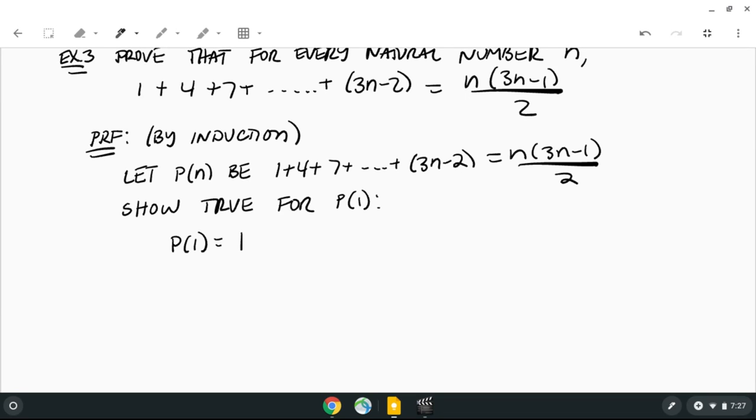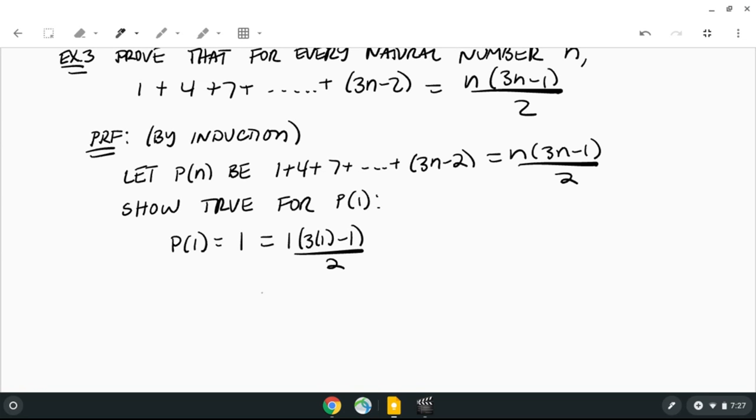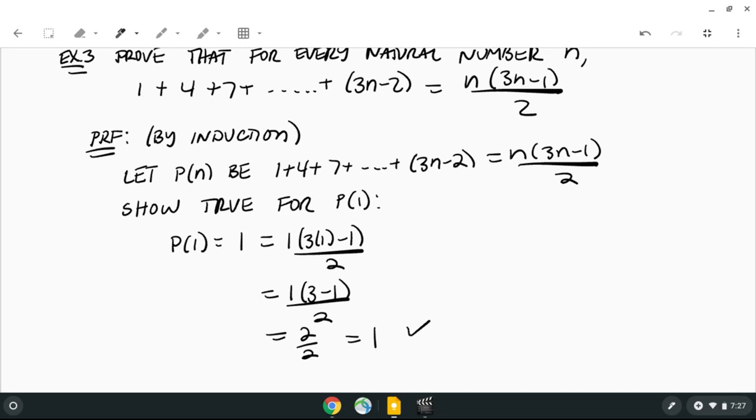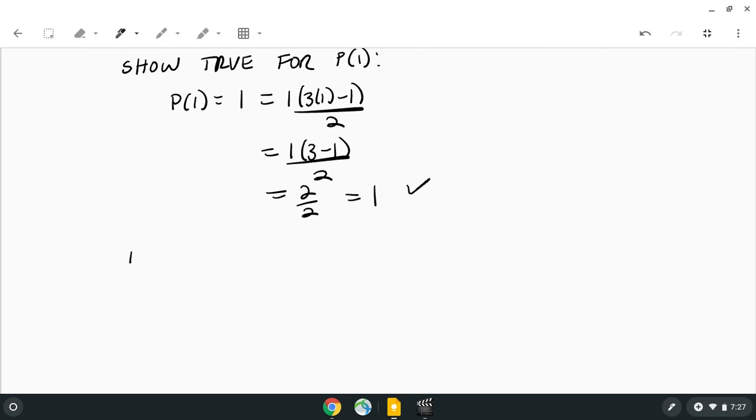And let's show that it's equal to 1 when we plug into the right-hand side. Okay, so we get 1 times 3 minus 1, and we get 2 over 2, which is 1. Okay, so it works for 1.